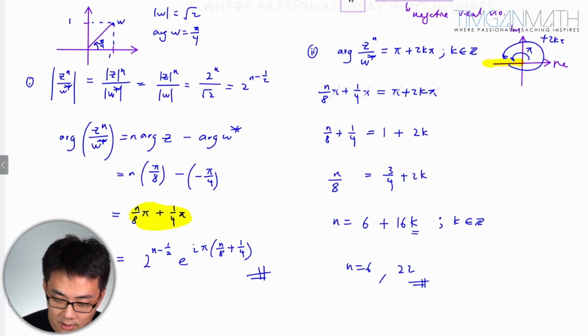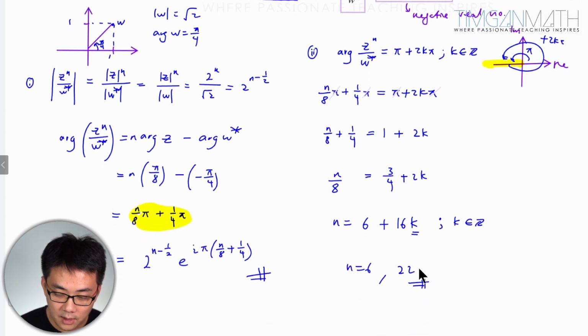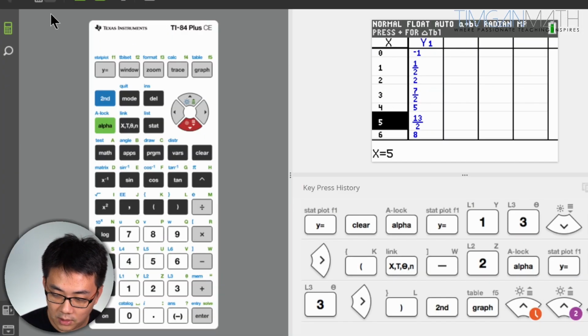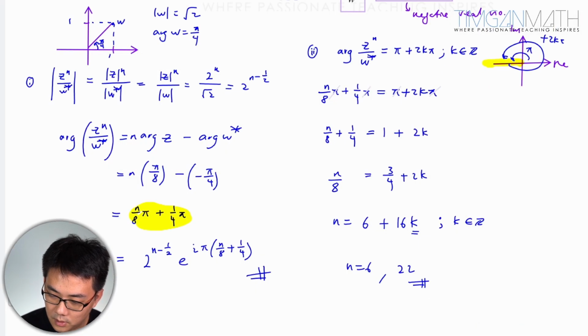This k here, I'm actually observing by looking at k ranging from negative integer values. The smallest positive n would be 6 when k is 0, and when k is 1, the next smallest will be 22. So you just key in calculator here. This would be 6 plus 16k.